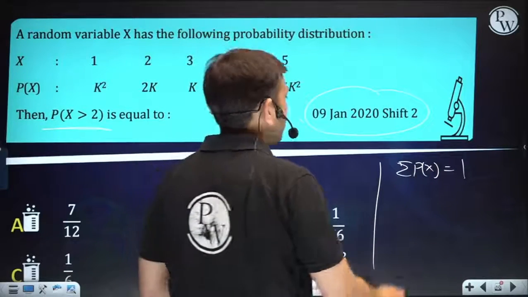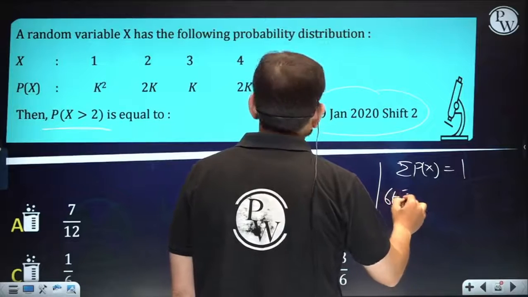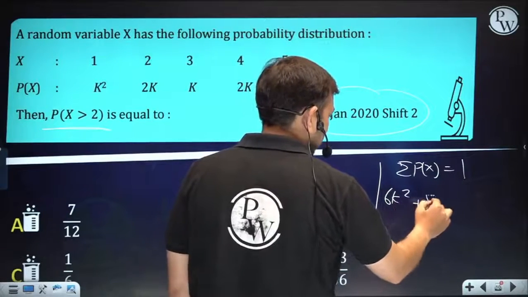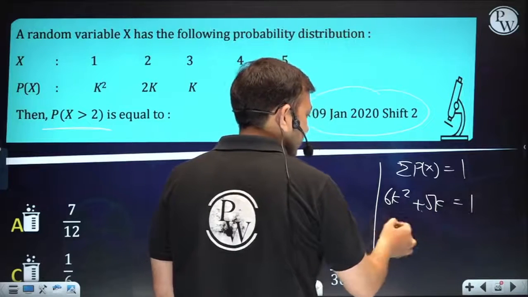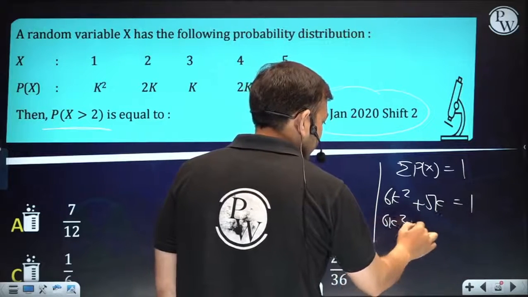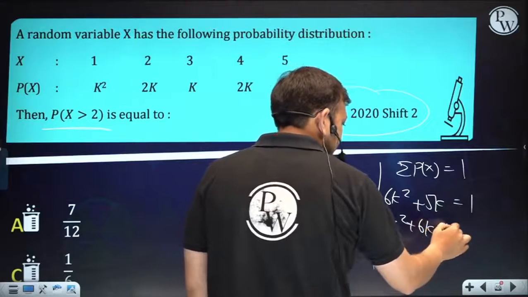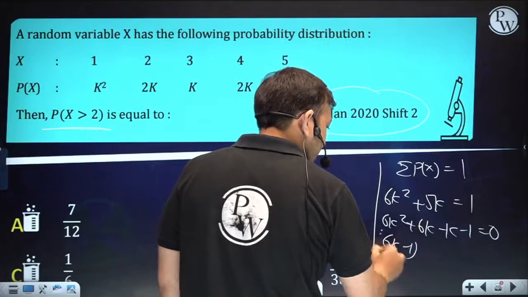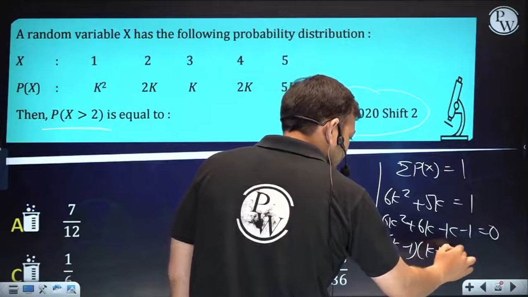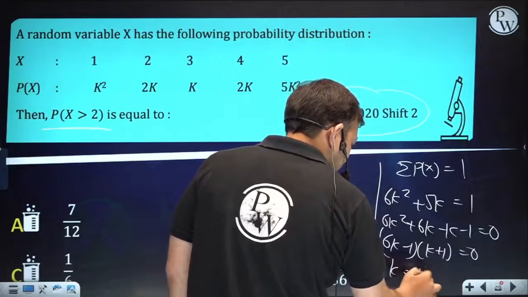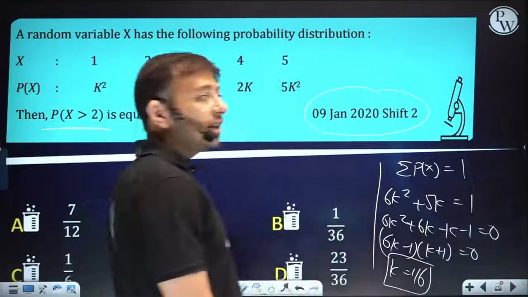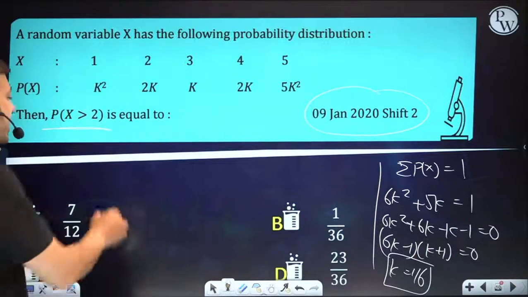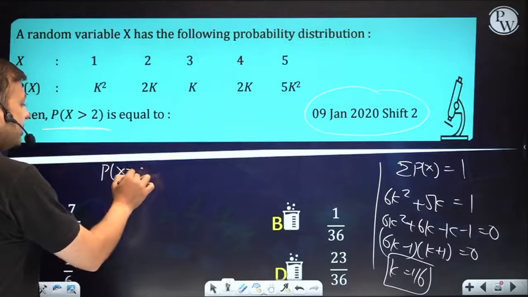So k square plus 5k square, 6k square plus 2 plus 2, 4, 4 plus 1, 5k is equals to 1. So 6k square plus 6k minus k minus 1 equals to 0. So 6k minus 1 into k plus 1. So k is equals to 1 by 6. Now they are asking P of x greater than 2.